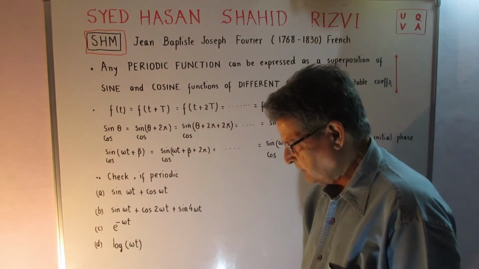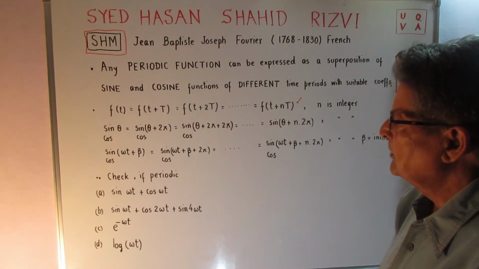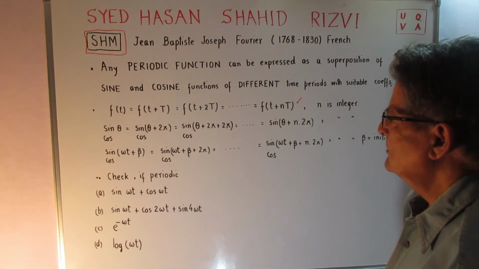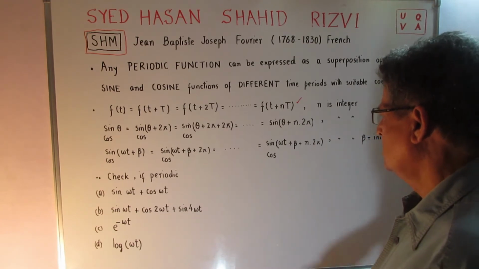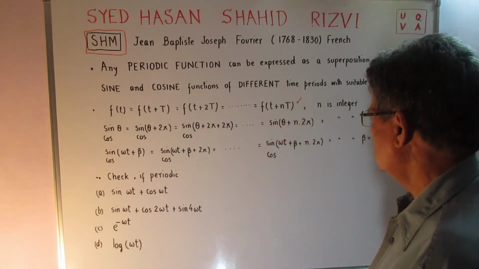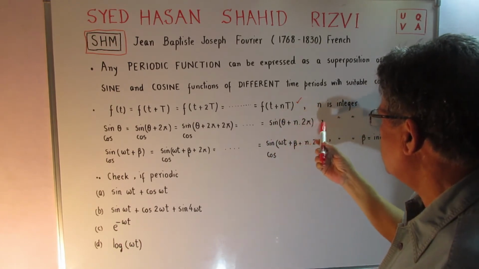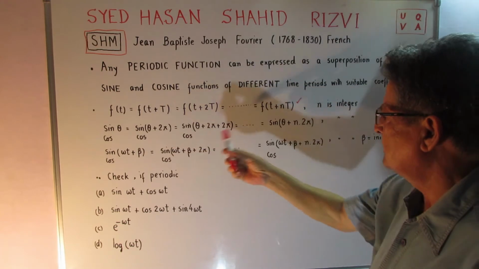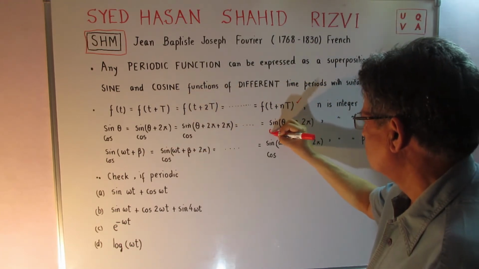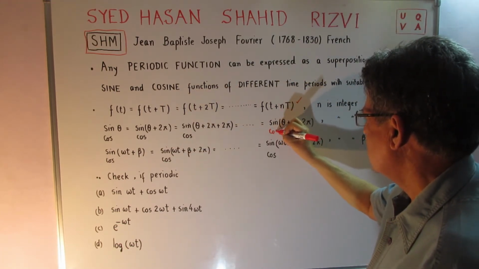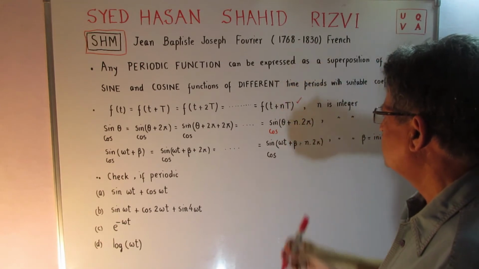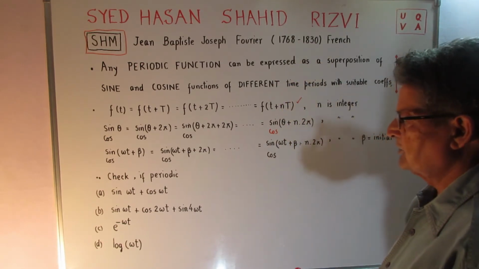That means after 2 pi the value will become the original value. It's equal to sine of theta plus n 2 pi. And similarly for the cosine function.